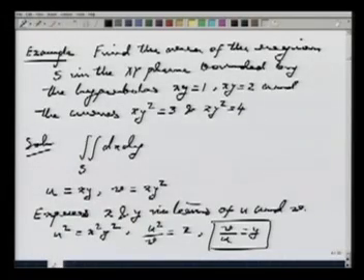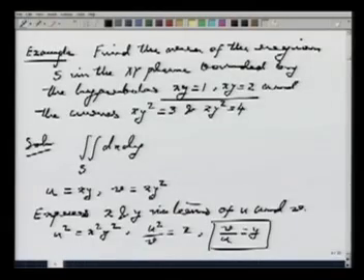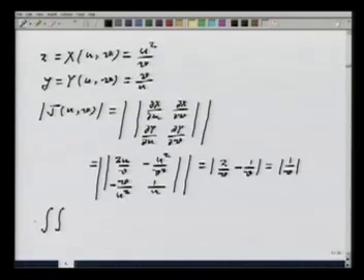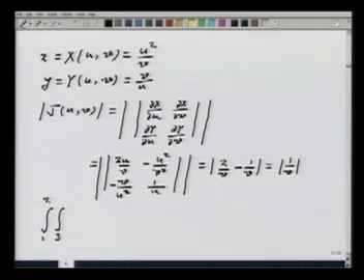The hyperbolas are given by xy equal to 1 to xy equal to 2. But according to my substitution, xy is equal to u. So u varies from 1 to 2. Look at v. V is given by xy square, and xy square varies from 3 to 4. So u varies from 1 to 2, v varies from 3 to 4, dv du.